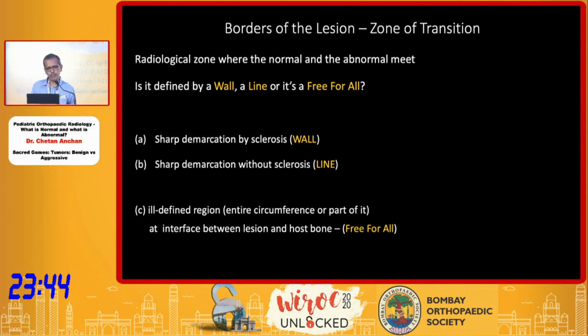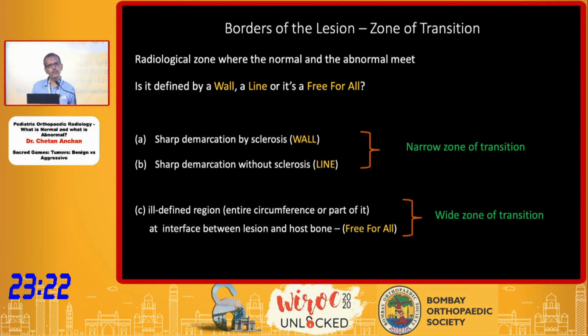If it is a sharp demarcation without sclerosis but just a line which defines what is normal and the abnormal, and then there is an ill-defined region which is an interface between the lesion and host bone, you can't really differentiate where the disease ends and where the normal bone begins. So both the wall and the line are called a narrow zone of transition, whereas where it is totally ill-defined, that is called a wide zone of transition.